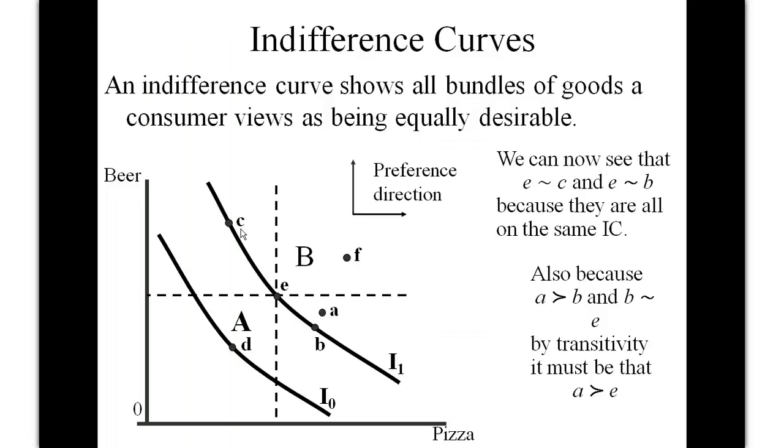And then we can draw different indifference curves. We know that D is worse. So clearly down here, the person has less utility. They have less of both goods. Their consumption is less. So because of that, the goods along this indifference curve here have a lower level of utility.